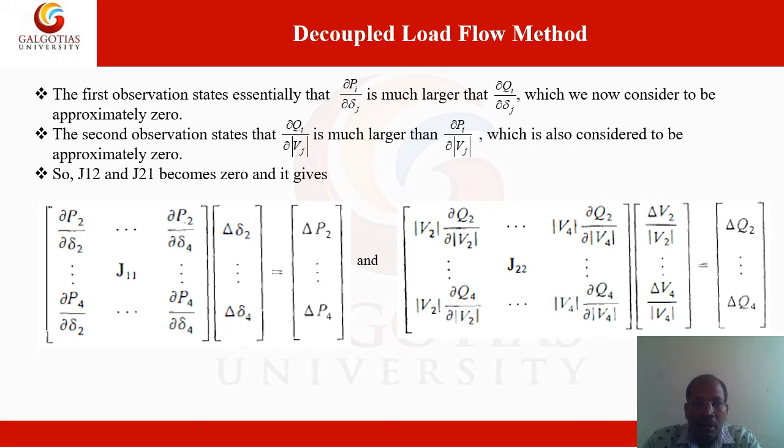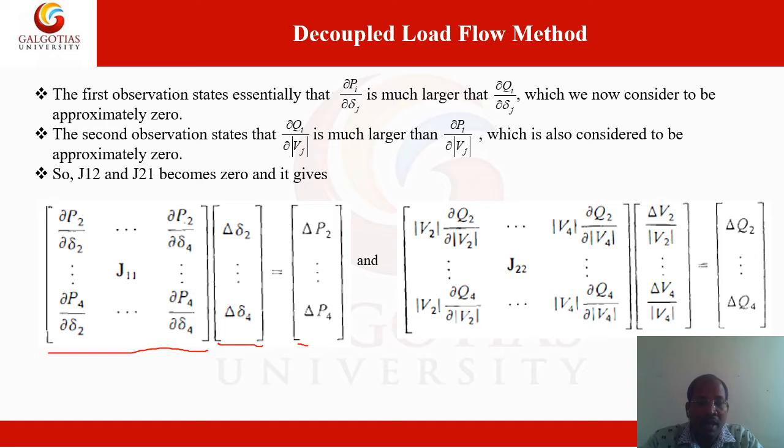Then after the application of these two assumptions, we can get these two equations. So first equation you can see this one. This is the J11 matrix and this is the correction factor in terms of the voltage angle.